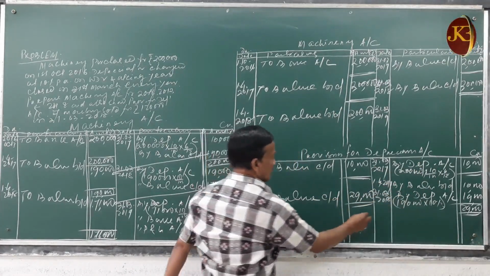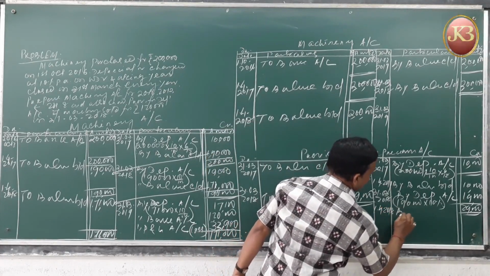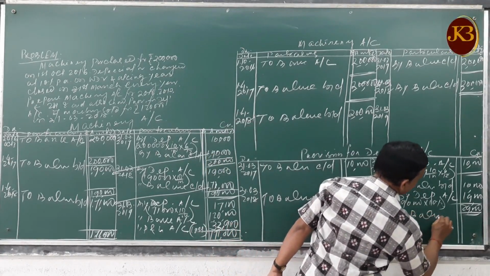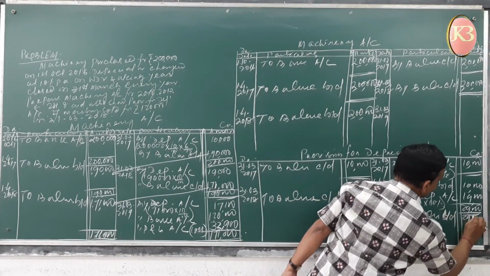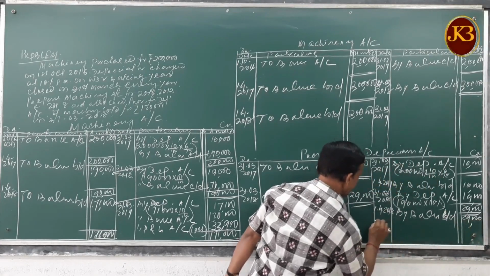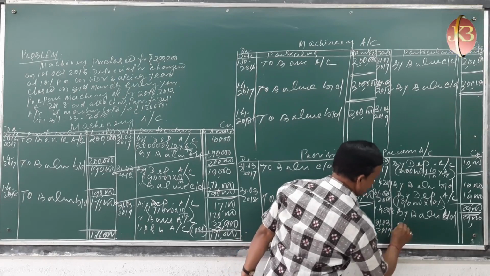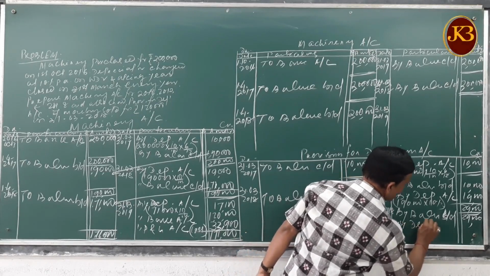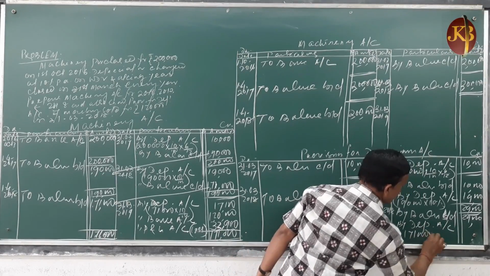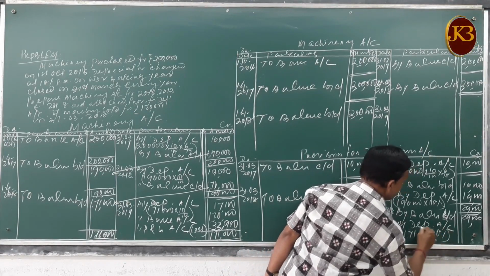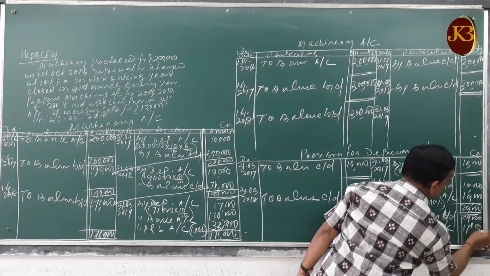Then third year, again 1st April 2018, by balance brought down 29,000. Again 31st March 2019, this is the last year, by depreciation account, that is 1,71,000 into 10%, that is 17,100.